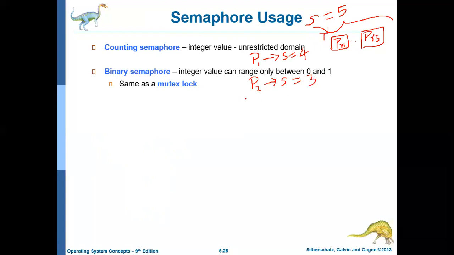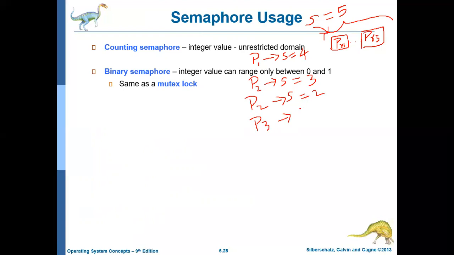Again, P3 comes and checks, I want to access the printer. Is the printer available or not? It will check the semaphore. S is 3, so already 3 printers are available. It will take one and make S 2. Again, P4 comes and checks whether the printer is available or not. It checks the S value. Yes, it is available.